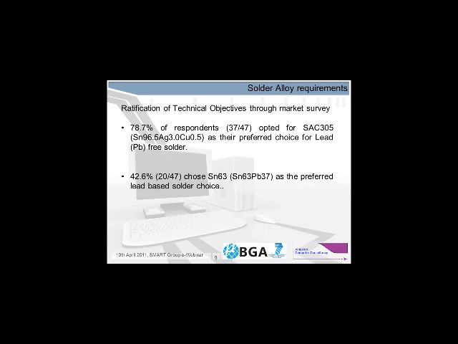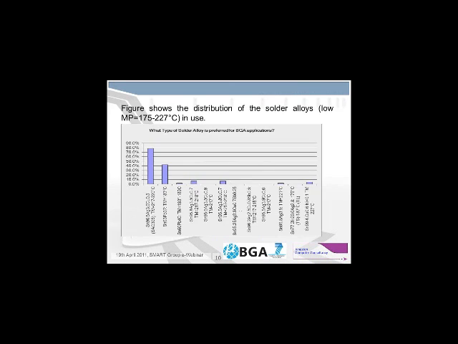However, somewhat over 40% of the respondents still said that they use lead-containing solders, and the primary was tin 63, SN 63, which more than 40% of the respondents said they are still using, and will form a part of the scope of the project. This next figure shows the distribution of the solder alloys.